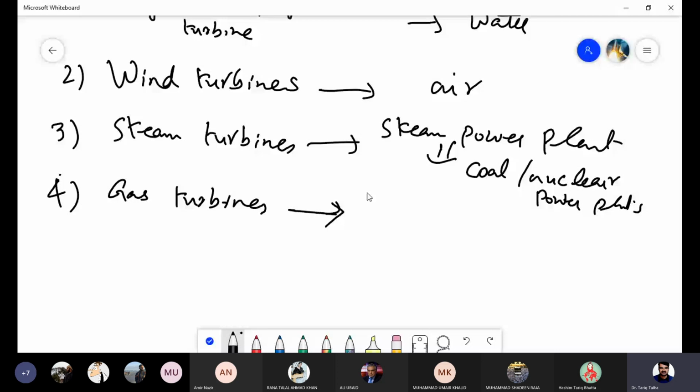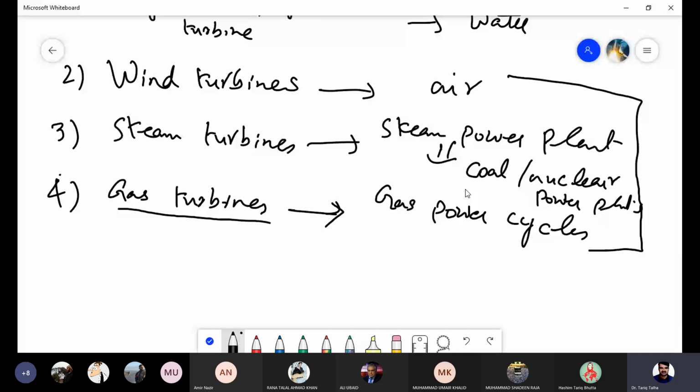Independent power plants, they usually employ gas turbines in their gas power cycle. So we are talking about gas power cycle here. We usually cover steam power cycle and gas power cycle in thermodynamics.